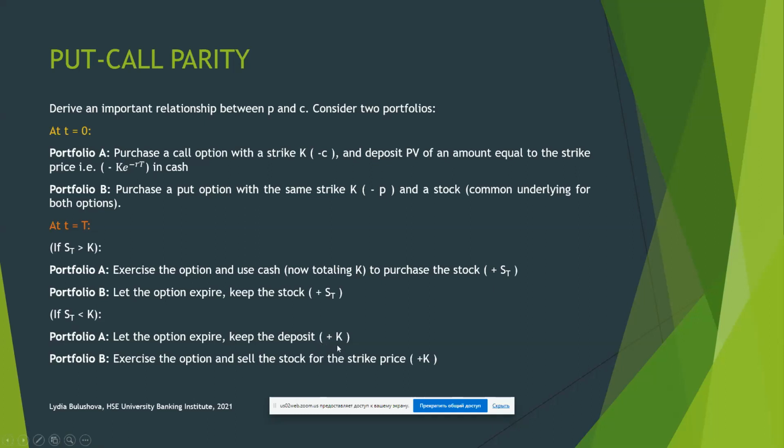I keep my K units of money. As for portfolio B, I have an opportunity to sell something for 100 while its market price is 50. Nice deal. And I execute the option. So in this case, I have K units of money, 100.